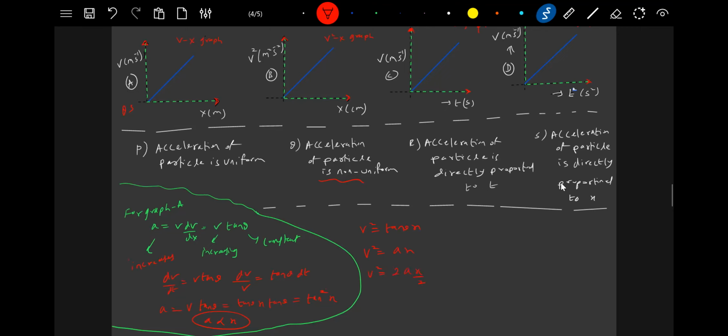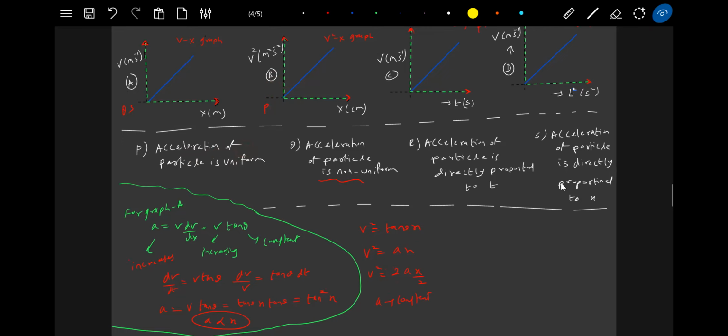Acceleration is constant. How can a be constant? Because the slope is constant. V square by x is the slope here, no? And what is V square by x? It should be equal to acceleration. So therefore B will be P. Acceleration of the particle is uniform.